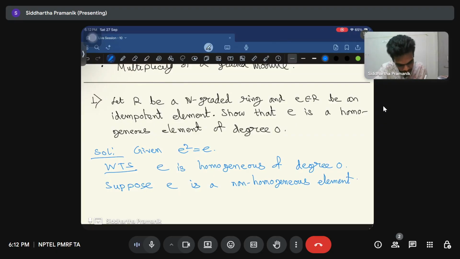Then we can write down the homogeneous decomposition of e.